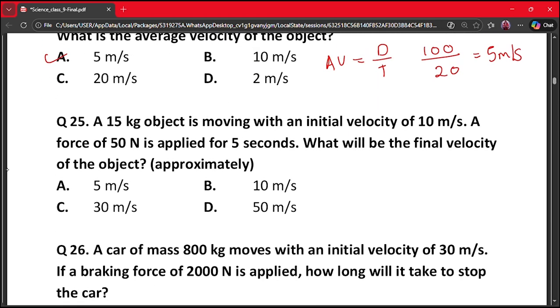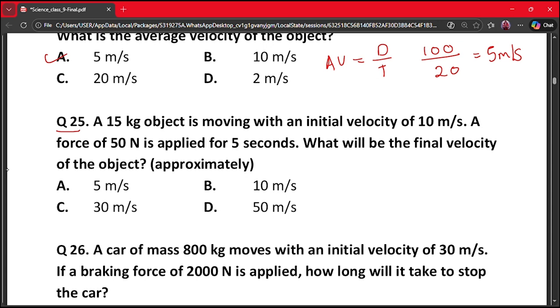Our next question is question 25. A 15 kg object is moving with an initial velocity of 10 meter per second. A force of 50 N is applied for 5 seconds. What will be the final velocity of the object approximately? A. 5 meter per second, B. 10 meter per second, C. 30 meter per second, and D. 50 meter per second.